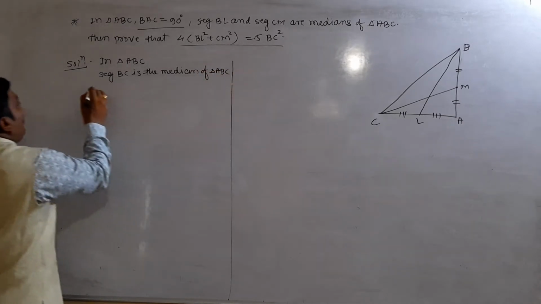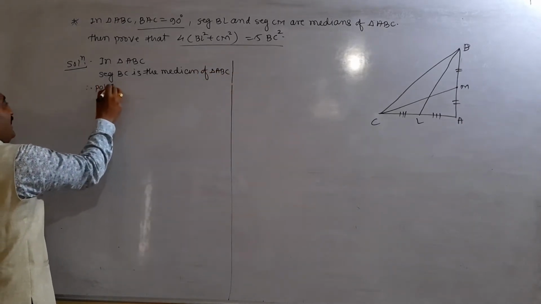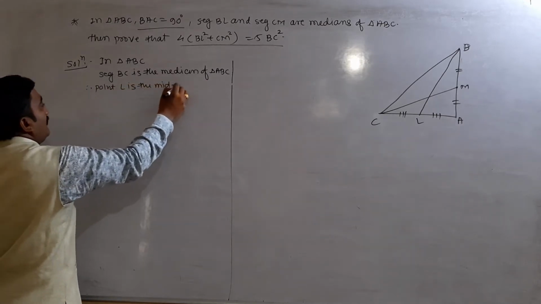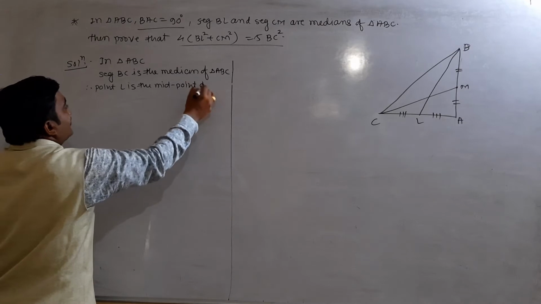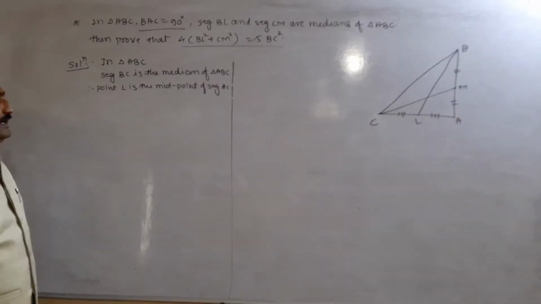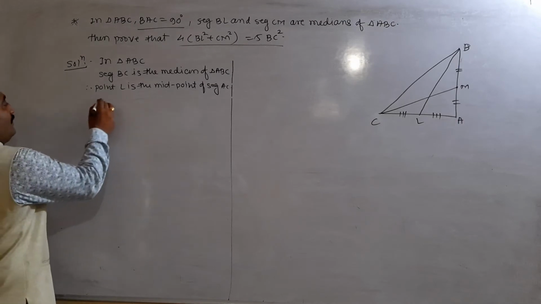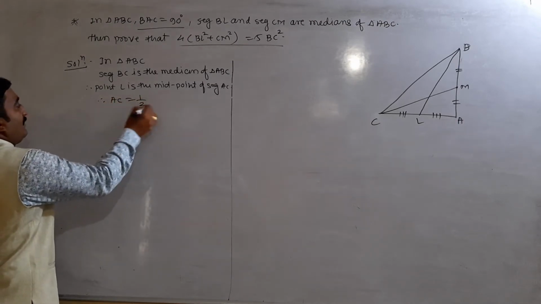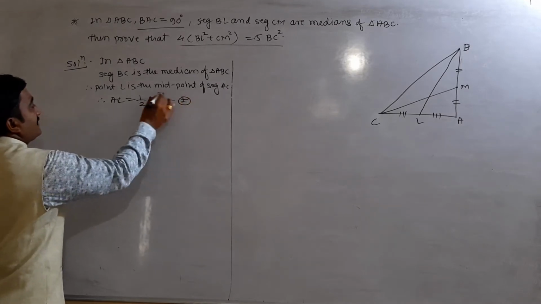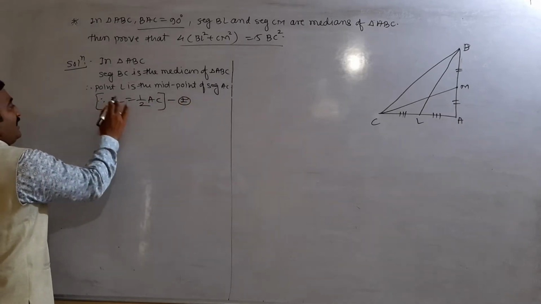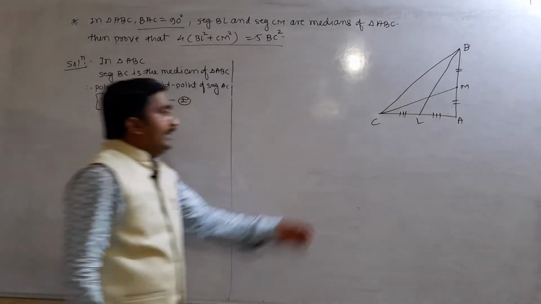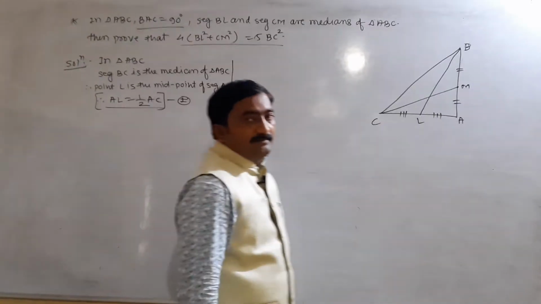So we know that point L is the midpoint of segment AC. So AL is equal to 1 by 2 AC. This is equation first. This is very important. AL is equal to 1 by 2 AC.